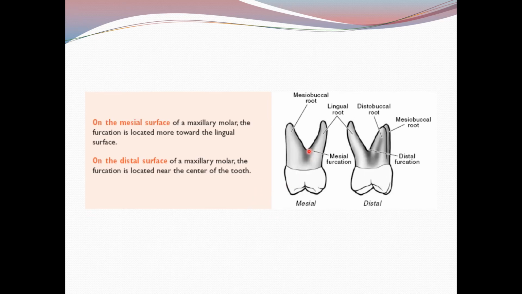It has been found that the mesial furcation of the maxillary molars is located more toward the palatal surface, while the distal furcation is located near the center of the tooth.